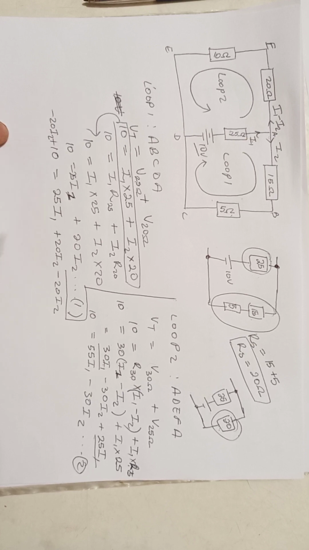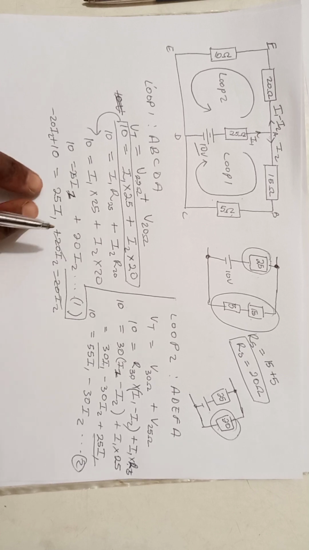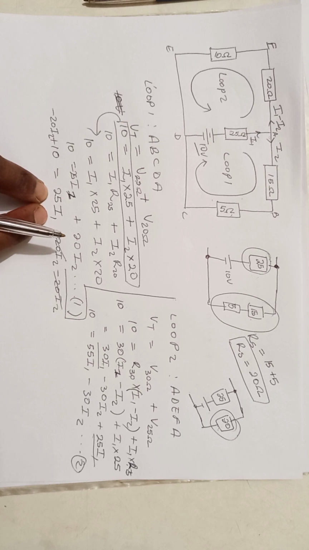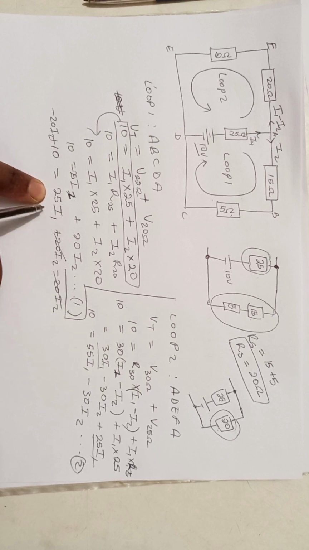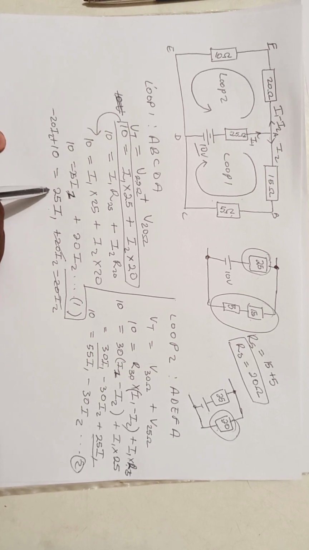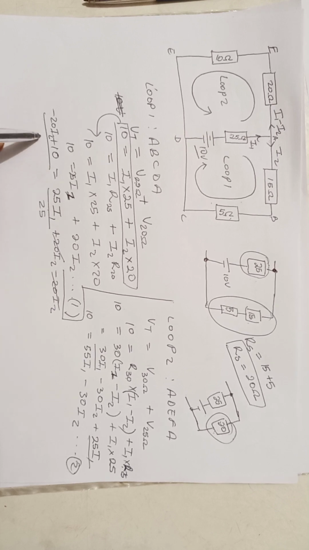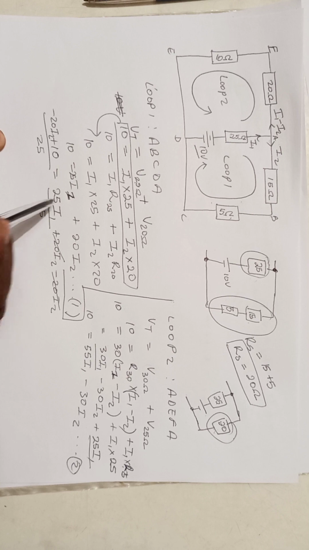This one is positive, so these will cancel. So here we'll be left with 25 I1. Remember, we want I1 to stand alone. So that means we must divide by 25 and also divide this side by 25.